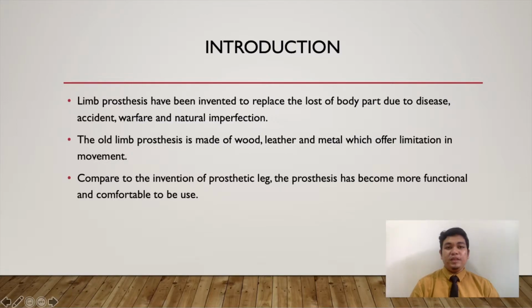The materials used to make the old limb prosthesis were wood, leather, and metal, and the old prosthesis offered limitations in movement. Compared to those, the new prosthetic leg has become more functional and comfortable for amputation victims to use.